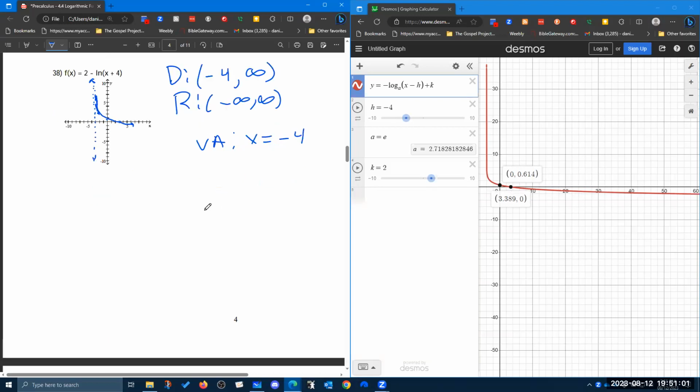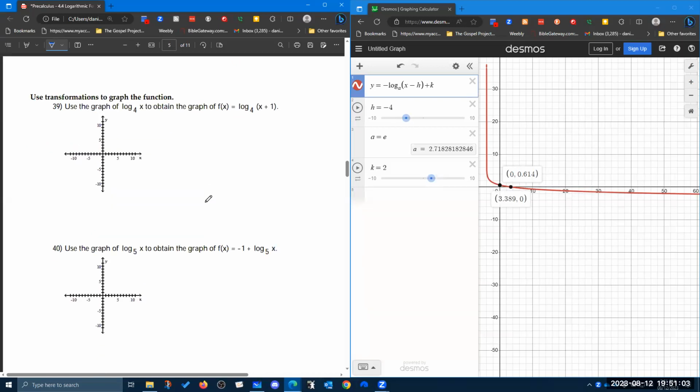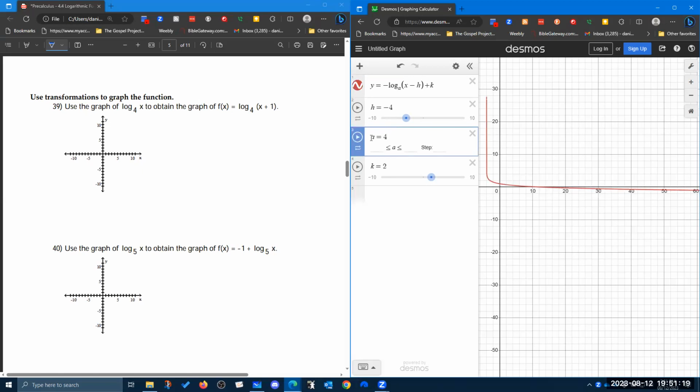All right, just a couple more. So we're going to use transformations of log base 4 of x. And we want x plus 1, so we want a +1 on the inside. We don't want any vertical shift, so it's going to look like so. We have a vertical asymptote at -1.